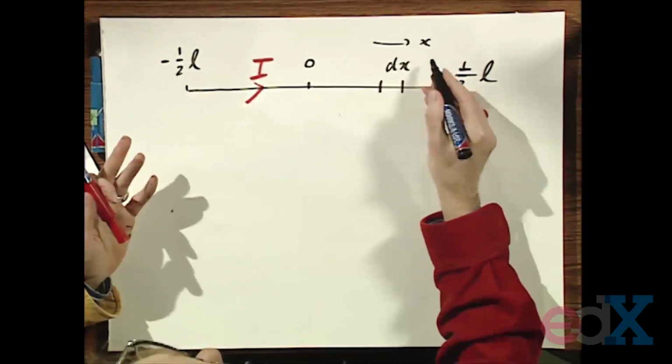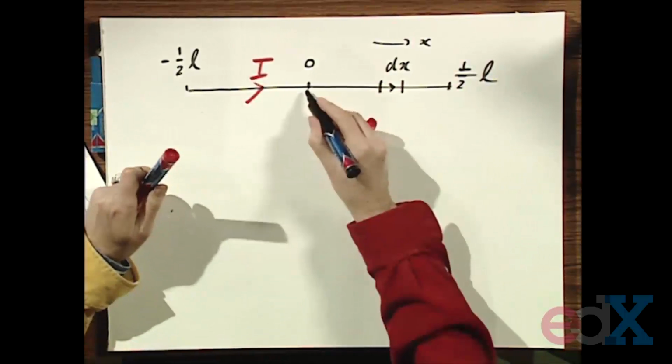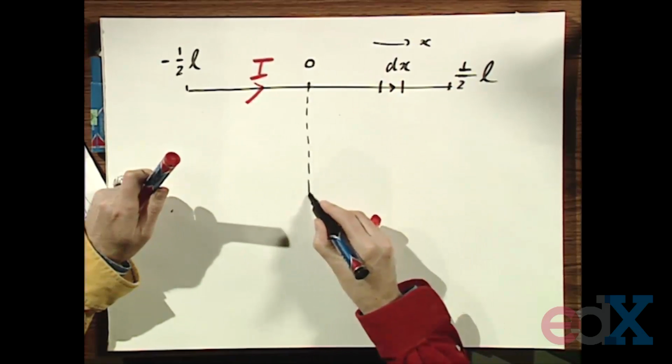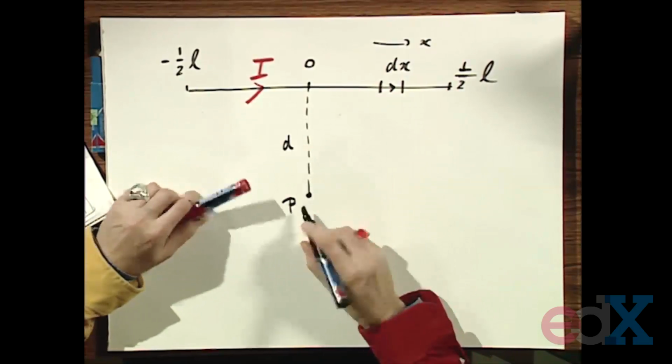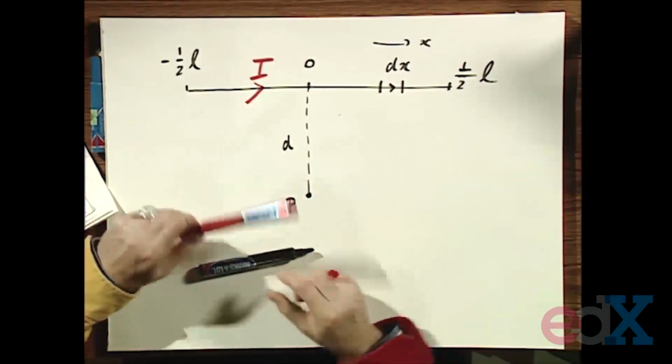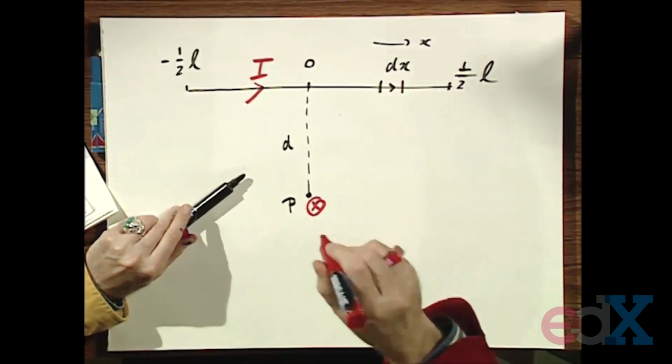Think of that as being dl in our Biot-Savart calculation. And I would like to know what here at point P, at a distance d from the wire, the magnetic field is. The magnetic field contribution will be perpendicular to the paper and in the paper.